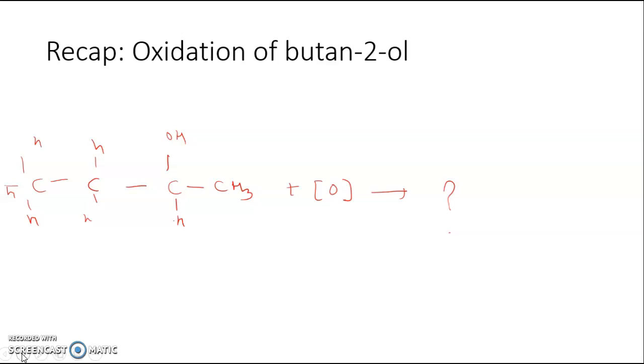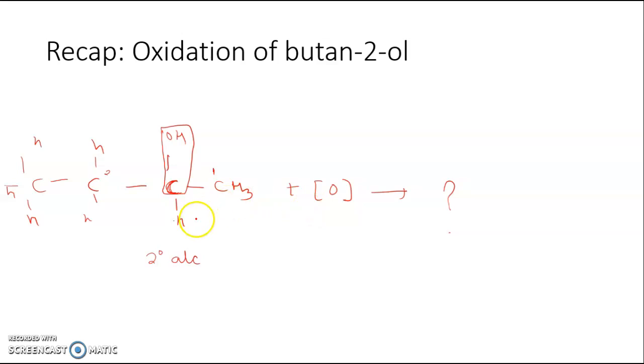So the question was, is it a primary or secondary or a tertiary alcohol? The way to answer, and I hope you have answered it correctly, is by looking at the carbon which is bonded to the OH. Is this carbon bonded to 1, 2, or 3 carbons? As we can see, it's bonded to 2 carbons, therefore this is a 2-degree alcohol.